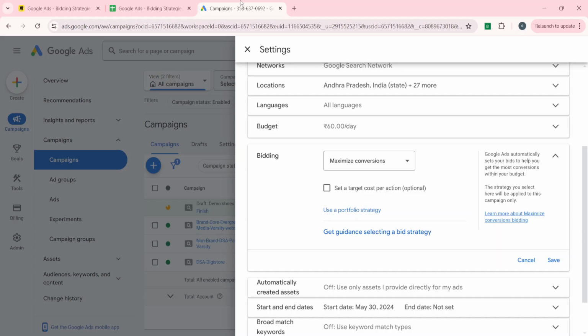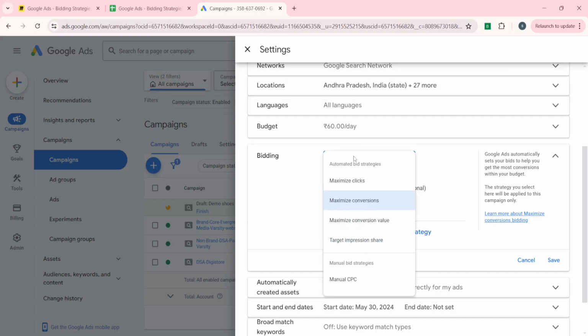These bidding strategies can decide bids for each and every auction. This is called real-time bidding based on user behavior. In a millisecond, it analyzes the user behavior and concludes whether the user who is searching will be able to convert for us or not. Based on all these factors, these algorithms work. One thing you have to remember for sure is that maximize conversions focuses only on the conversions.